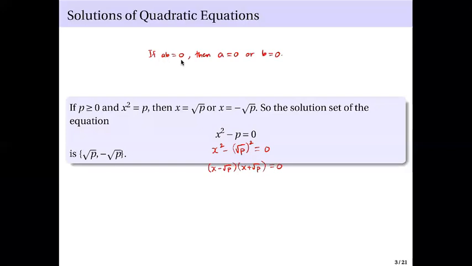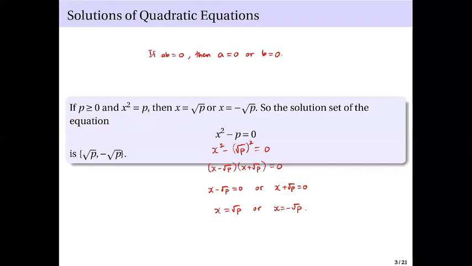So if we apply this here, we will then have x minus square root of p equals 0 or x plus square root of p equals 0. And therefore, we will have x equals square root of p or x equals negative square root of p. And that's how we obtained these values here. Okay?